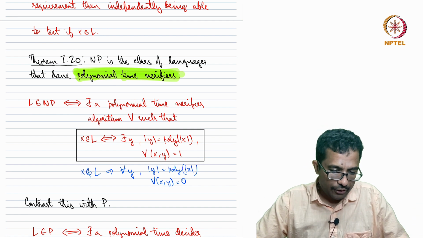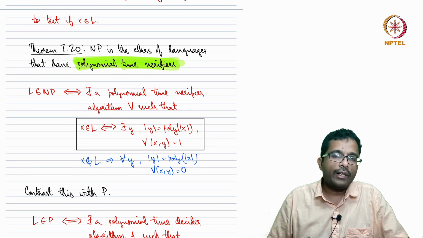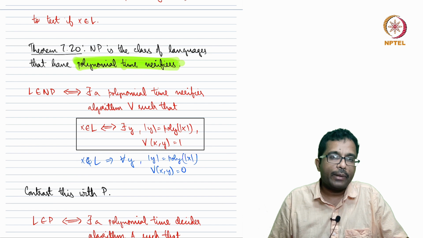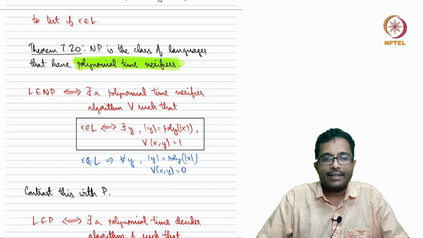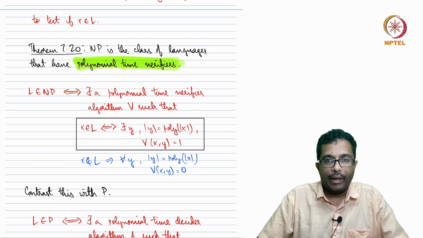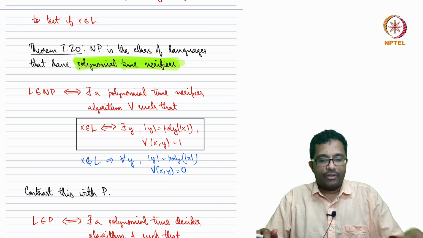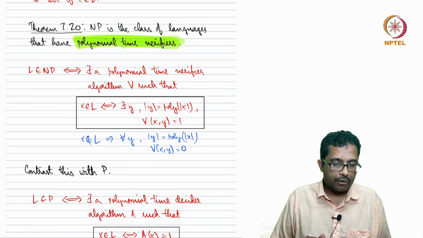What does it mean when I say that L has a polynomial time verifier? There is a deterministic Turing machine V, which runs in polynomial time, which can verify the membership of any string x in the language with the help of a proof string or a witness string y. So that is the meaning that NP is a class of languages that have polynomial time verifiers.